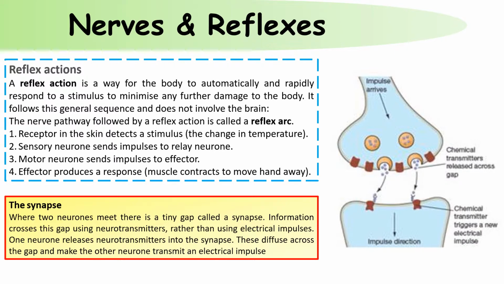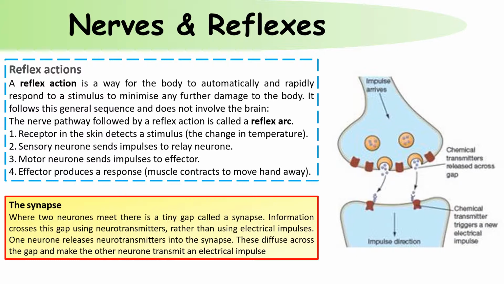Between different nerve cells are synapses. Synapses are small gaps in between two nerve cells where chemical transmitters called neurotransmitters diffuse into.